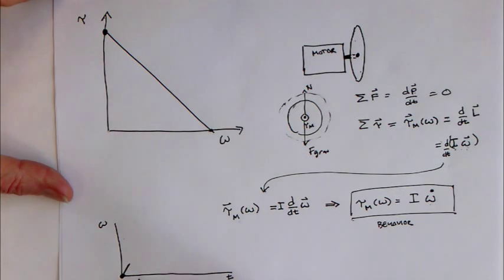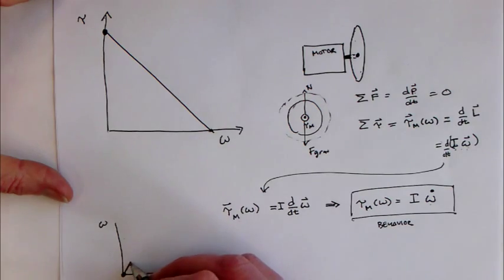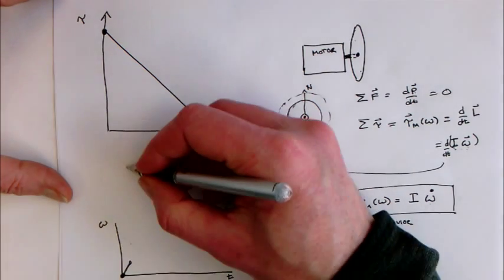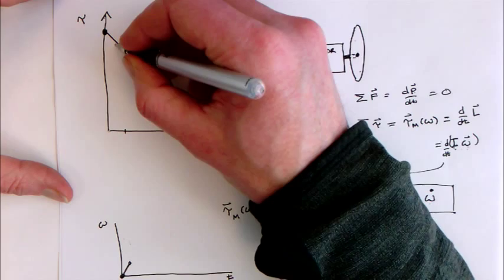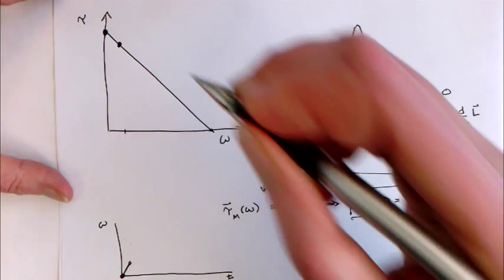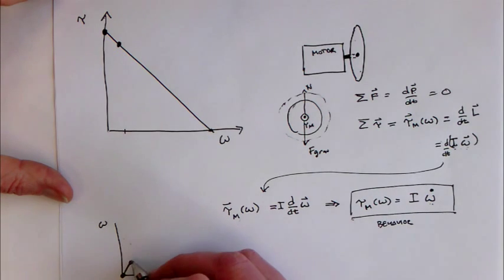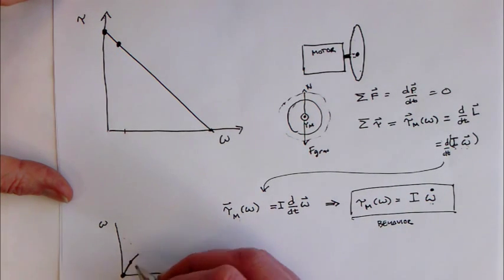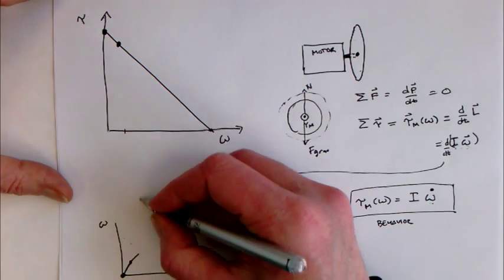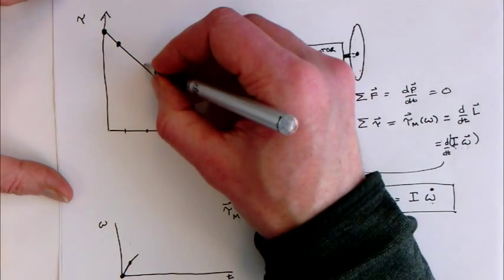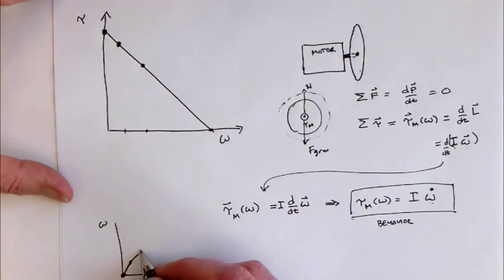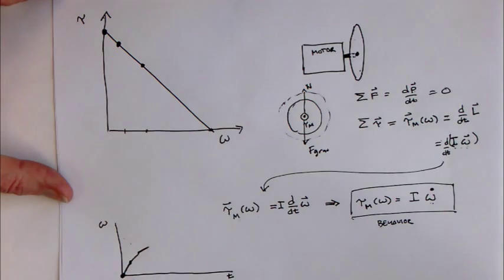But now a little while later, omega has gone up a bit, and since omega has gone up, the torque is a little bit lower. So now the rate of change of omega has dropped a little bit. Still omega keeps going up. Now maybe my value of omega is here, the torque is even lower, so the rate of change of omega is even lower.